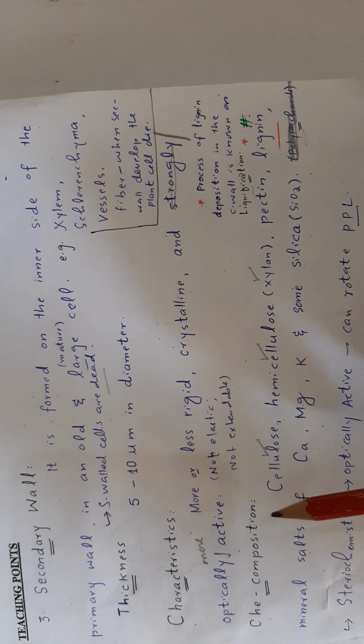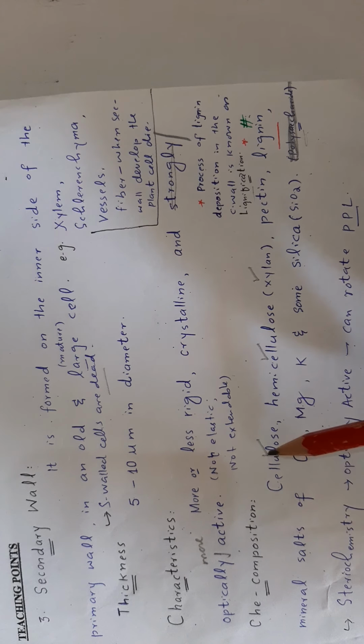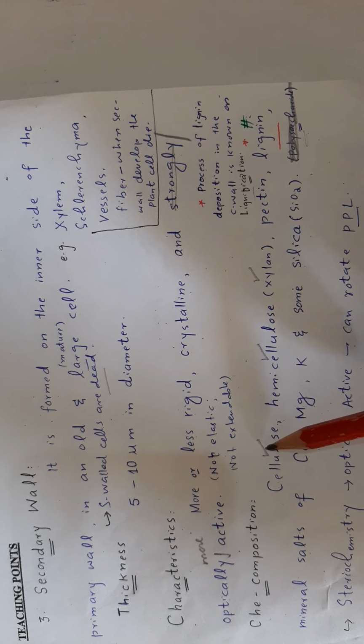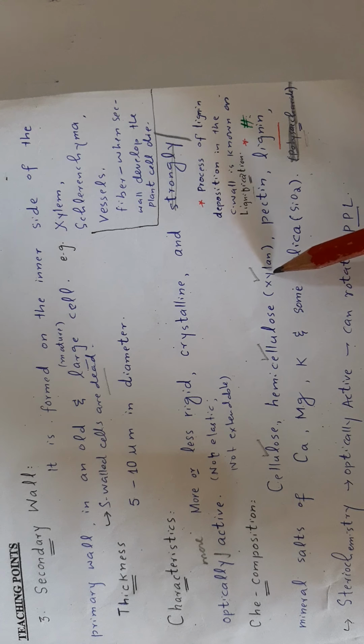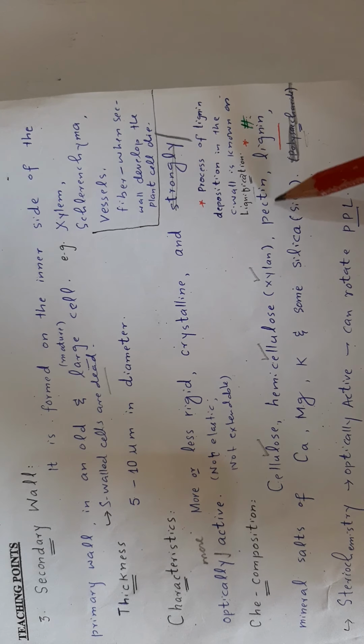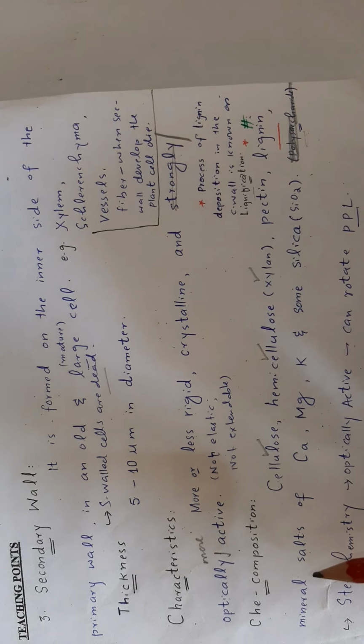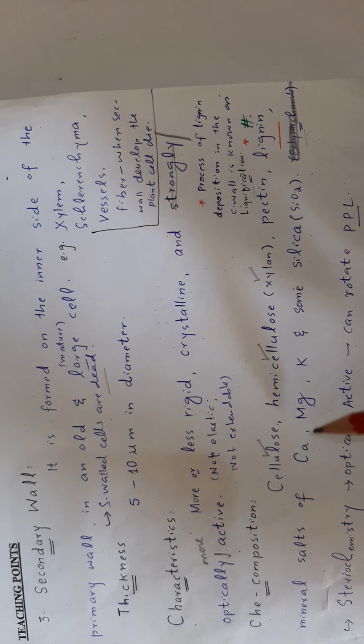So chemical composition: secondary cell wall is chemically composed of cellulose, whose unit is 6 carbon sugar glucose, hemicellulose, 5 carbon unit xylan, pectin polysaccharide, lignin, mineral salts of calcium, magnesium, potassium, and some silica.